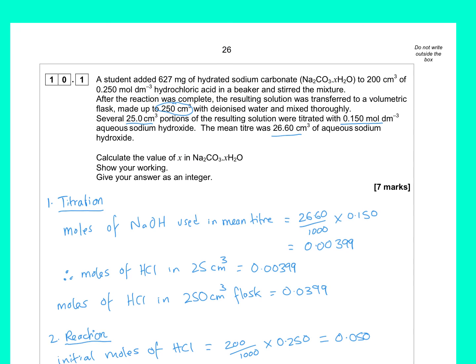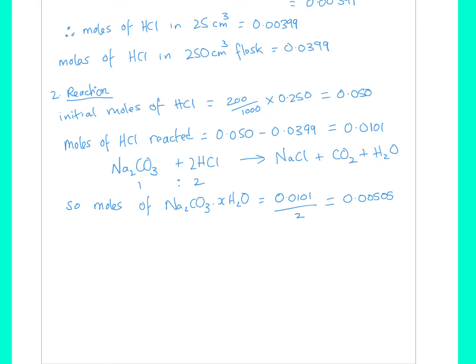Okay, so we've been told how many grams of the hydrated sodium carbonate we put in, 627 milligrams. So if we know the 627 milligrams, that's 0.627 grams.